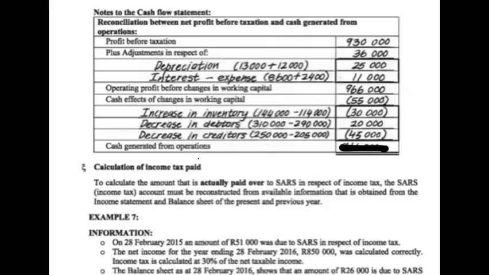I subtract my 55,000, and then I'm left with my cash generated from operations. And my cash generated from operations is then 911,000. That 911,000, that's the amount that I would take to my cash flow statement as the answer to note number 1.